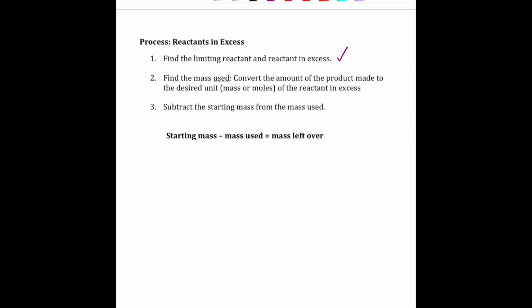Then we can find the mass that we used of that reactant. In order to do so, we're going to convert the amount of the product that was made to the desired unit of the reactant in excess. If your reactant in excess is in moles, then convert to moles. If it's in grams, do grams. Then we're going to subtract the mass used from the starting mass, and that's going to tell us the mass that is left over.